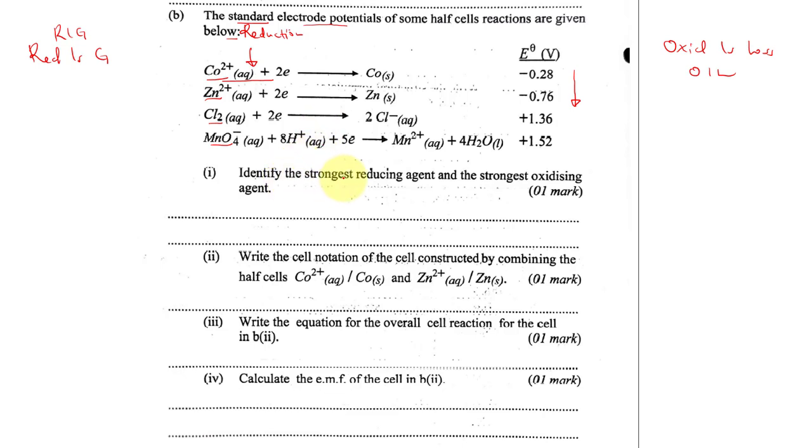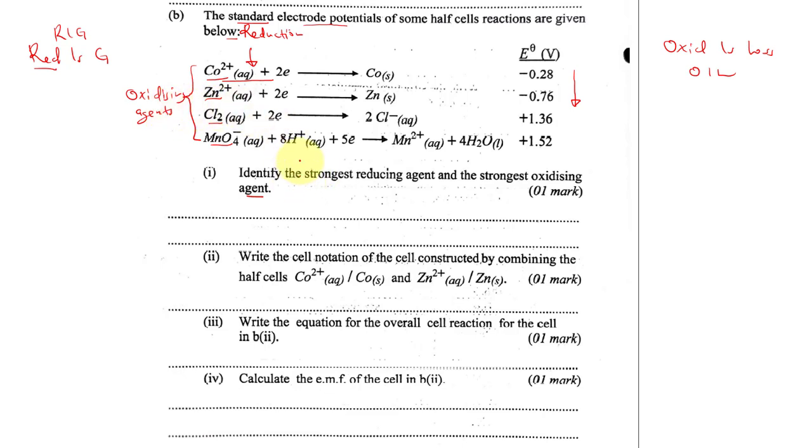So they're saying identify the strongest reducing agent and strongest oxidizing agent. So one thing to notice is that species that are being reduced, these ones here, they are the oxidizing agents. The question is why?